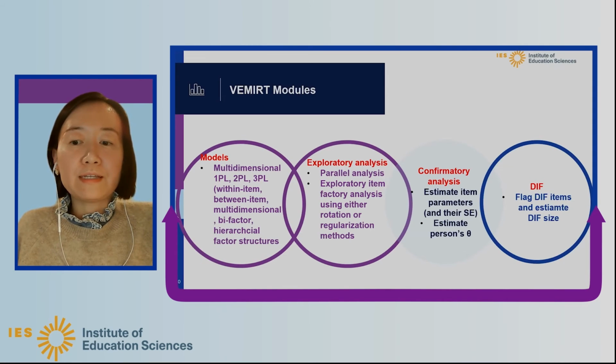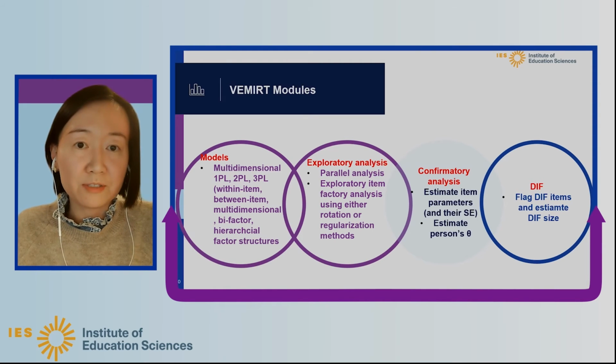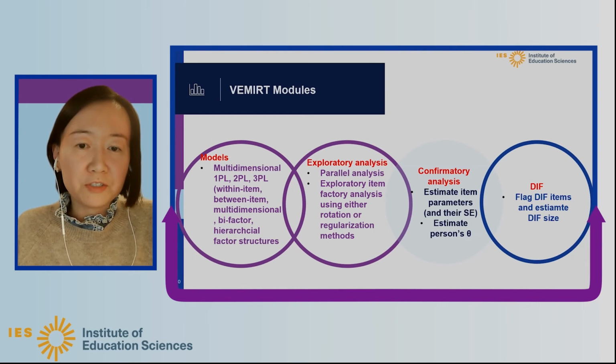So here is our envisioned VMERGE Shiny app modules. It will handle different types of multidimensional models, including one parameter logistic model, 2PL, 3PL, and also take into account different factor structures.